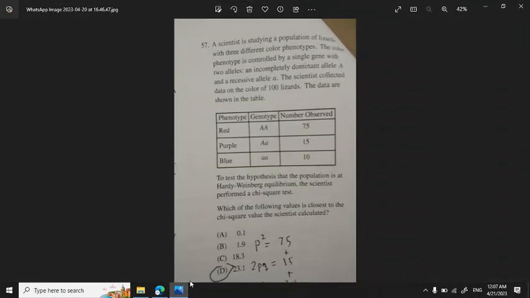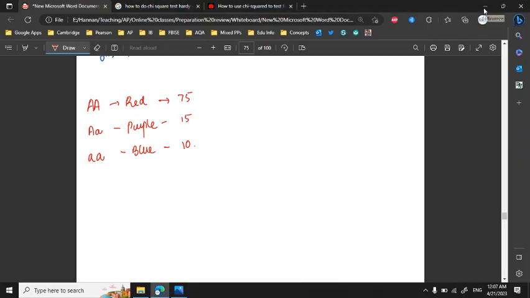They are saying, to test the hypothesis that the population is at Hardy-Weinberg equilibrium, the scientists perform a chi-square test. Now, when you need to do a chi-square test, first of all, you need to find the observed and expected values, because obviously these are the groups, and these are the observed values, and then you are supposed to know the expected values.